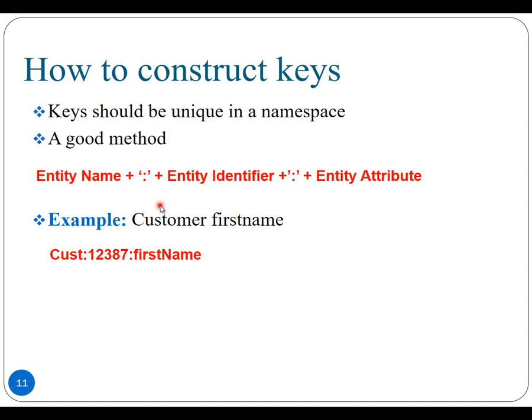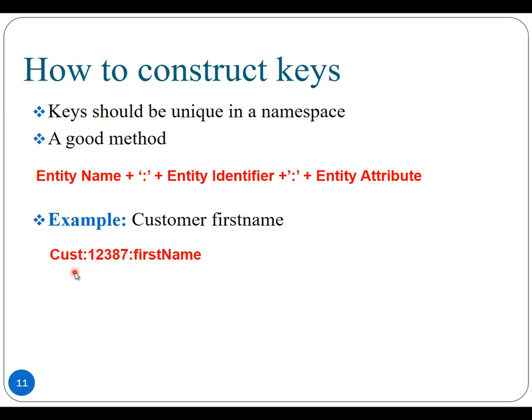First, we have an entity name, then we have a colon. Then we have the entity identifier, then we have a colon, and then we have the entity attribute. For example, we want to define a key for the customer first name. We say what is the name of the entity? We say the customer. Here we have represented it like this: customer.